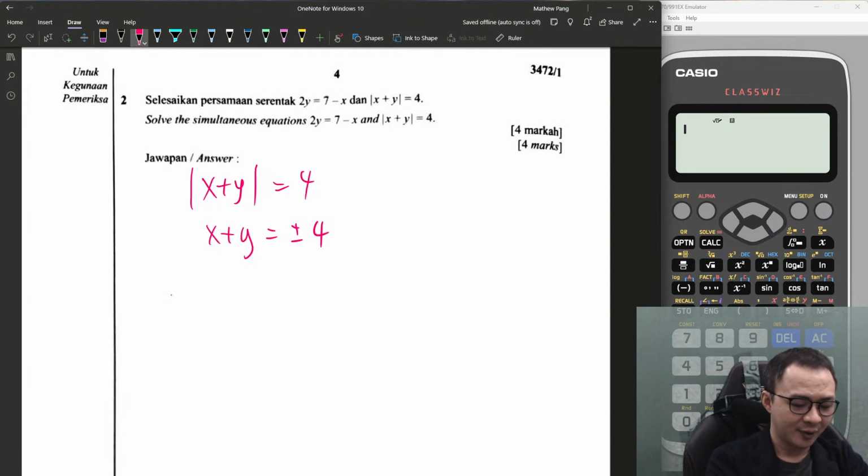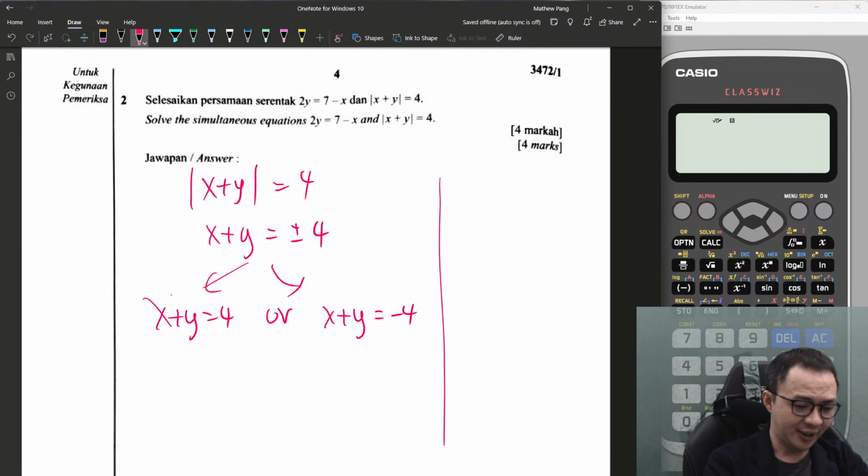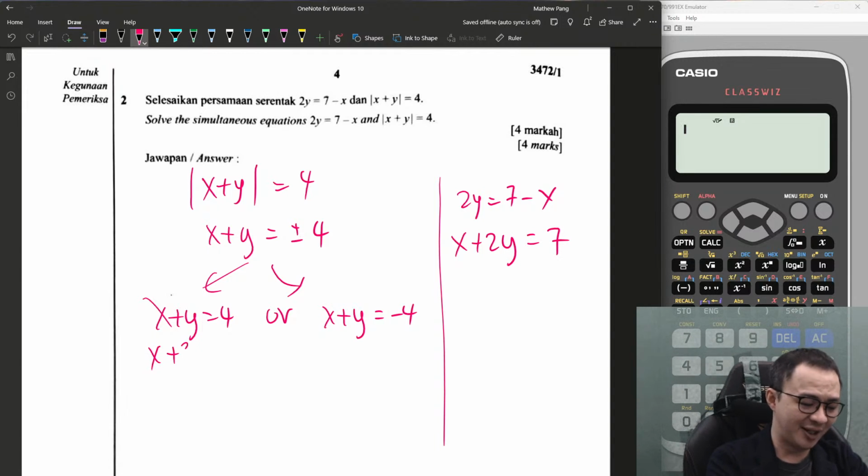So what we want to do now is, we have two equations, right? Basically we have x plus y equals 4 or x plus y equals negative 4. Then we have another equation, 2y equals 7 minus x. I just moved things around, so x plus 2y equals 7. I prefer to do elimination, okay, because I'm a lazy person.